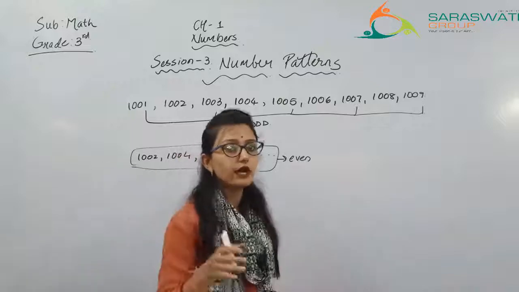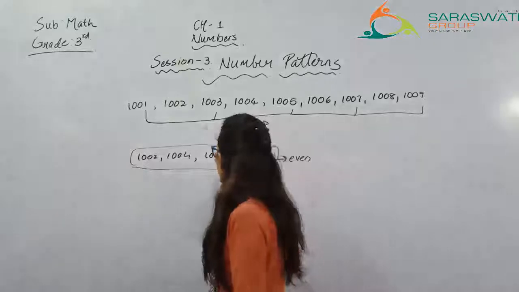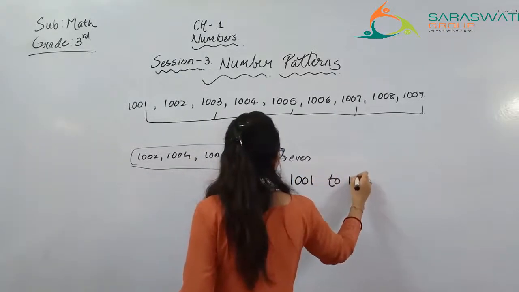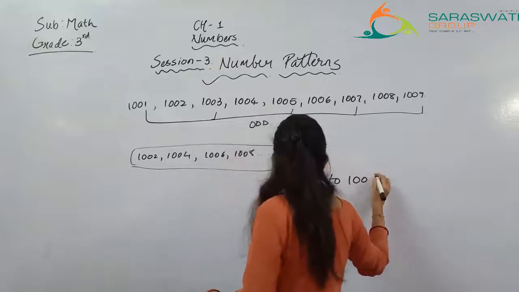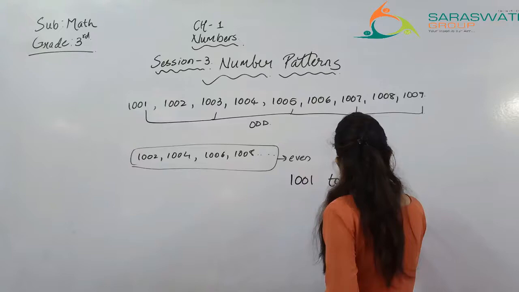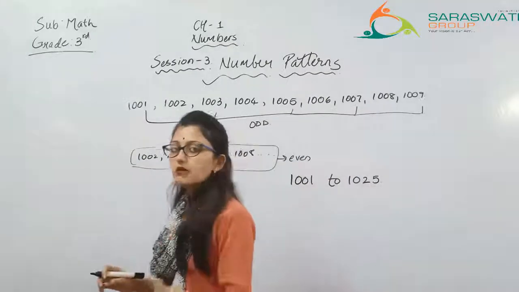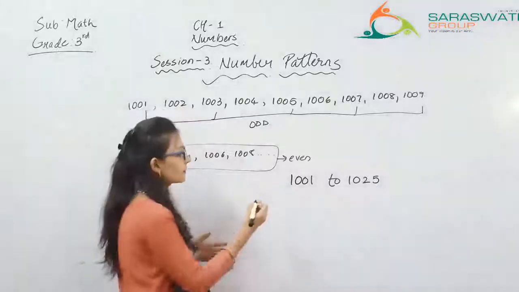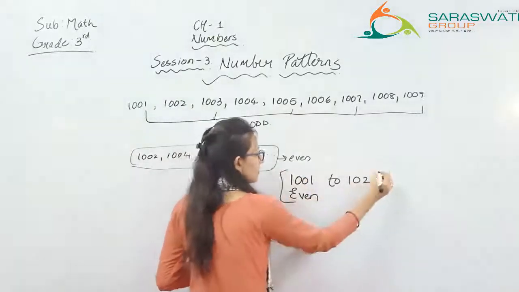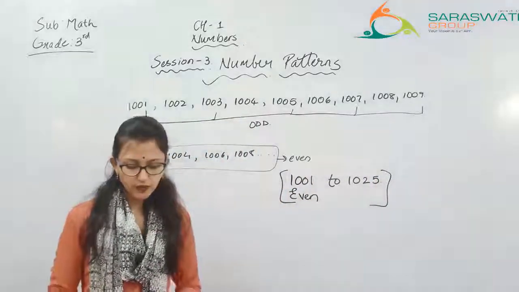Now you have to write the odd and even numbers from 1001 to 1025. You have to write all the even numbers from 1001 to 1025.